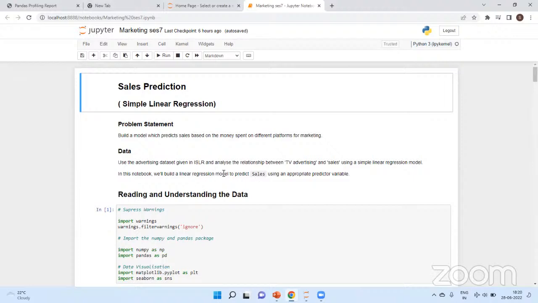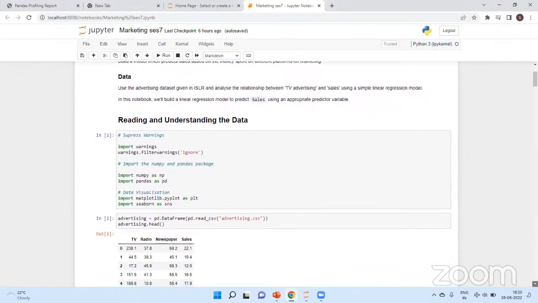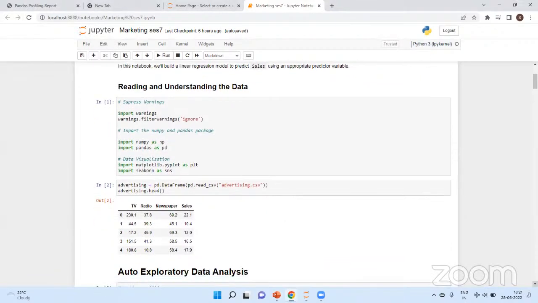We will build a linear regression model to predict sales, using an appropriate predictor variable. The output variable is sales.